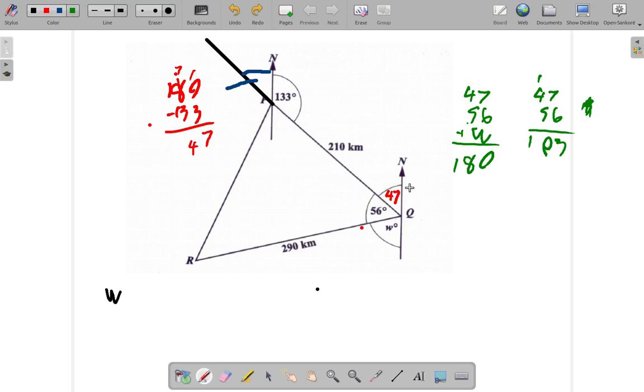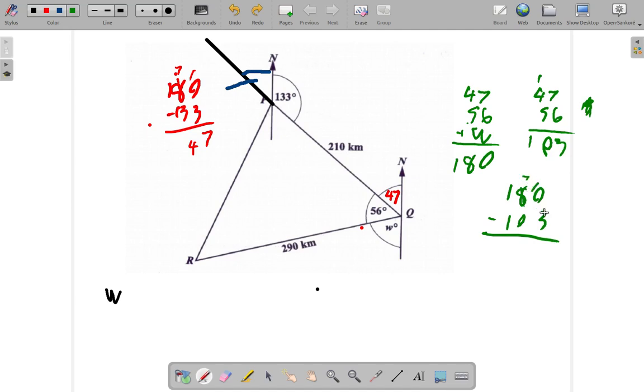With all of this, 56 plus 47 is 103. What else do you need to make up to the 180? What you need to do is say 180 minus 103.